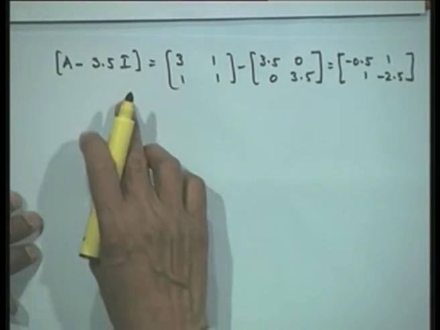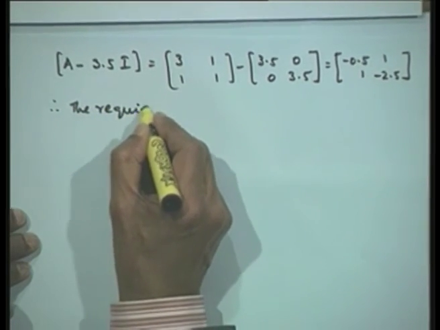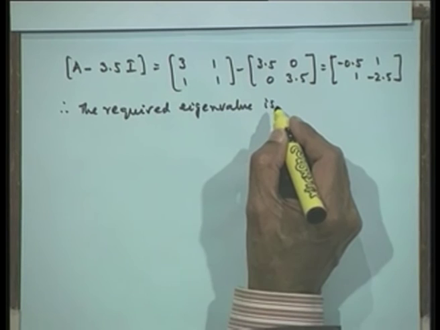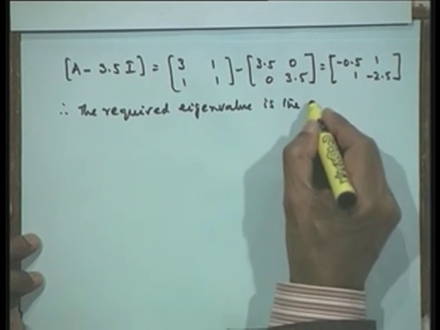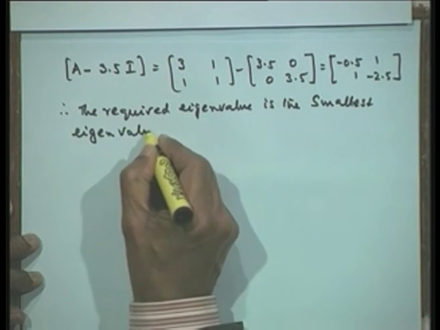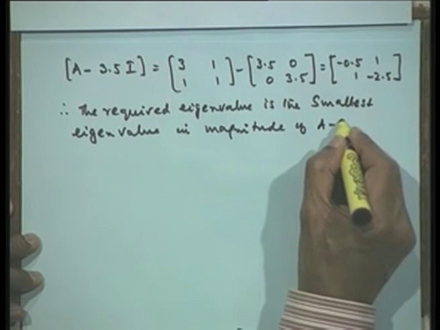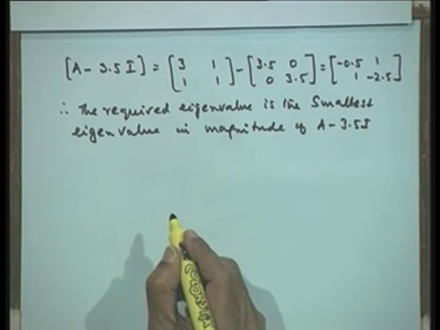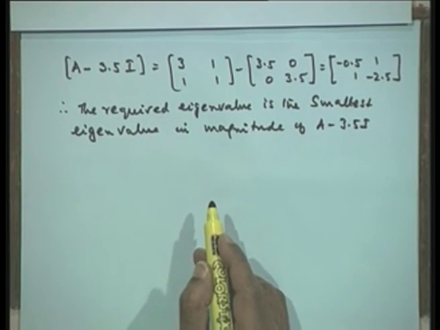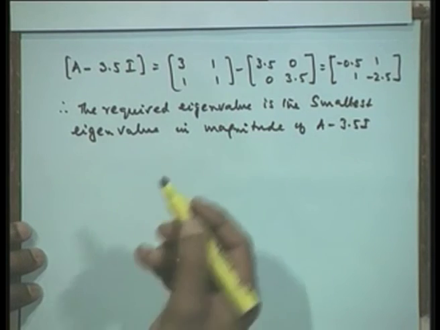Therefore, the required eigenvalue is the smallest eigenvalue in magnitude of A minus 3.5 I. Therefore, I can find the inverse of this, then go through the previous example that we have done, find the eigenvalue and finally, you can test whether the eigenvalue is the same sign.